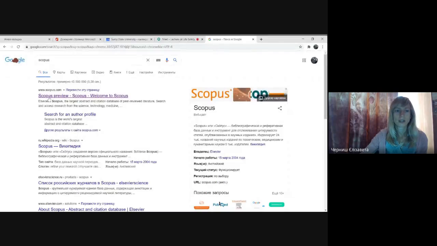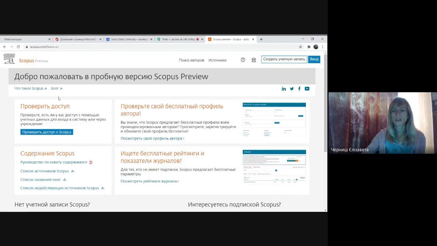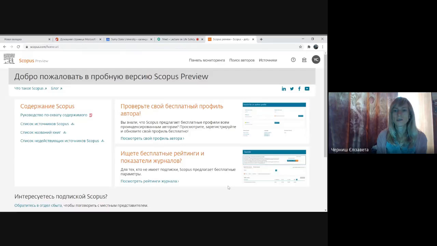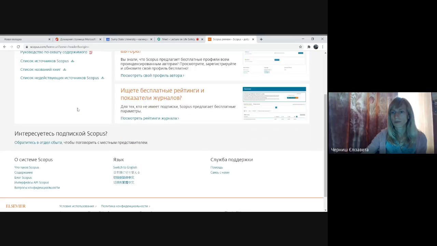You see my browser, the Scopus database. You can use it to analyze more deeply the different scientific research publications, to find information and to discover new information and topics interesting for you.